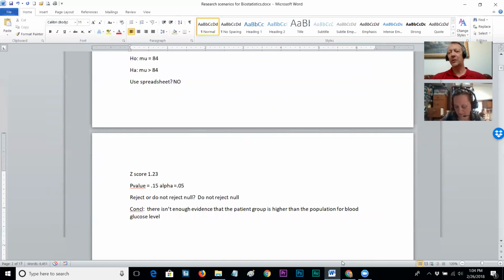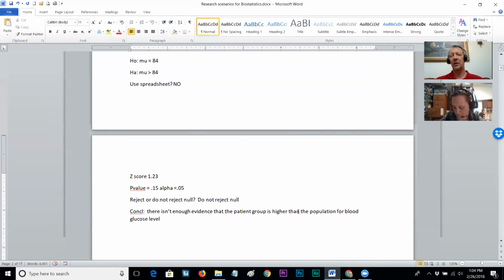That's more clunky, but what you said was correct, and in fact it's more likely to be one of the options in the multiple choice. They'll probably say there is insufficient evidence the patient group is higher than 84 milligrams per deciliter.